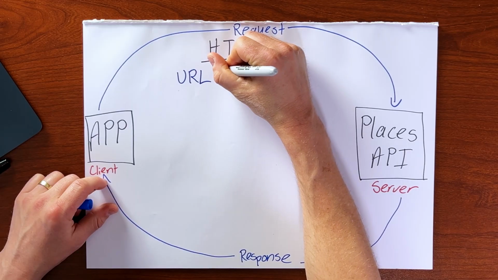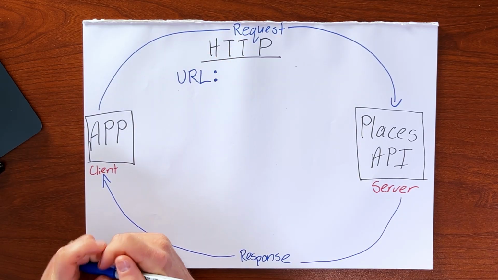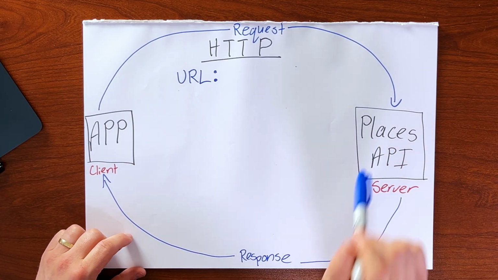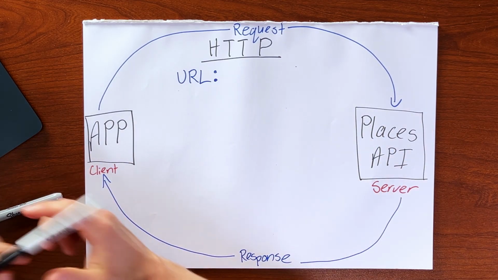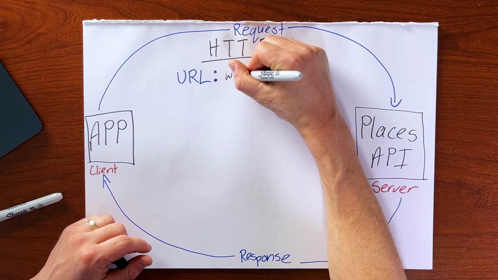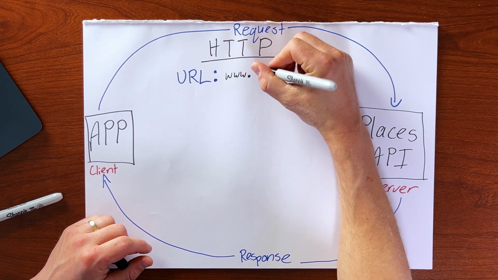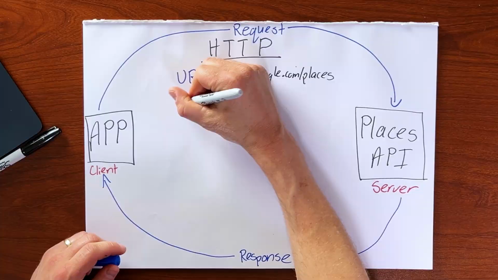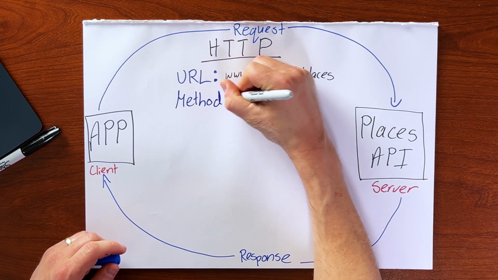Now, as an agreed upon set of rules, there's a few different parts that make up this request. There is the URL. So this is just the address for this service out on the internet. So, you know, www. Something like this. Also, what we have to provide here is something called a method.